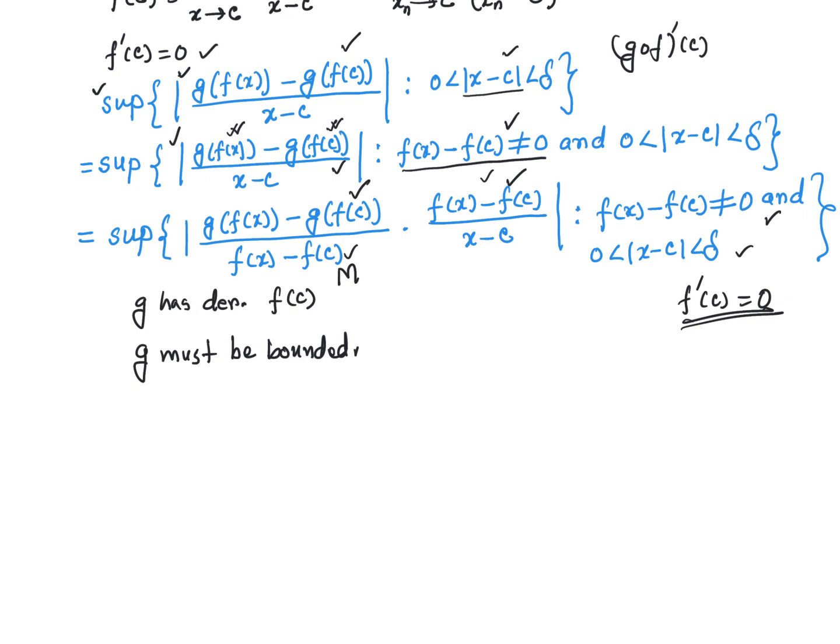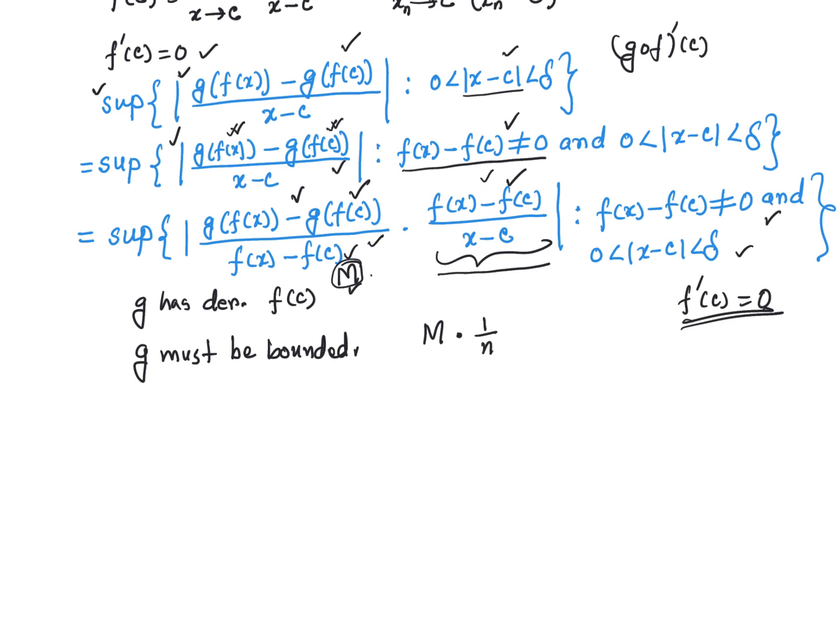If that is the case, we could make this ratio arbitrarily small. So you have a fixed number. Bounded means the absolute value of this ratio is less than some fixed number m. Now, some fixed number times an arbitrarily small number.